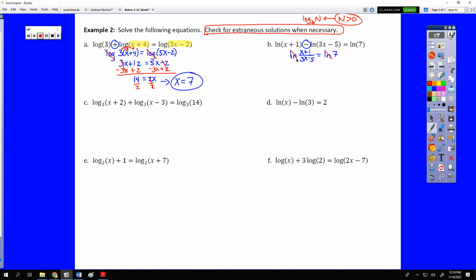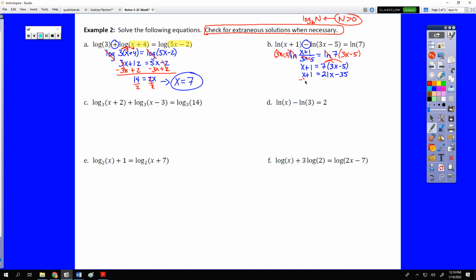To solve that expression, we would multiply each side of the equation by 3x minus 5 to dispose of the fraction. So that would give us x plus 1 equals 7 times 3x minus 5. That's a very simple equation to solve. We would distribute, which would give us x plus 1 equals 21x minus 35.